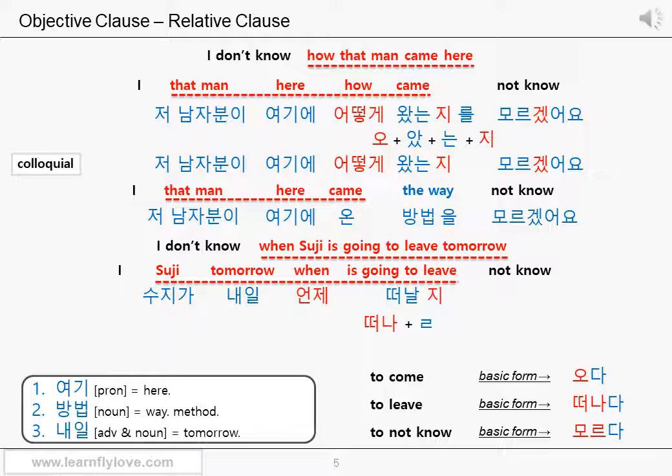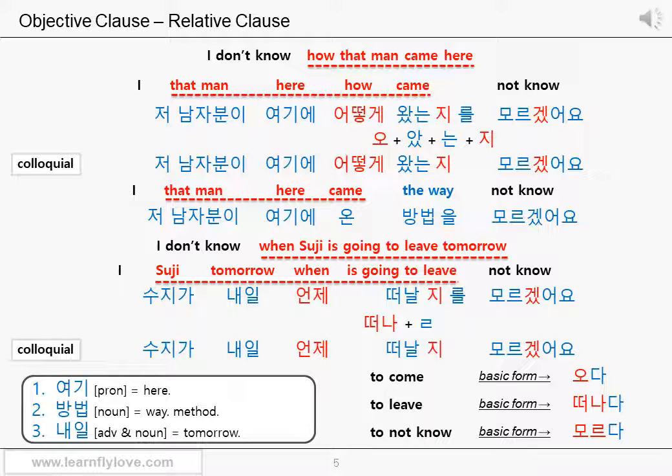Suji, tomorrow, when, is going to leave. 수지가 내일 언제 떠날지. The entire 수지가 내일 언제 떠날지 is an object of the verb not know. So you can add an object particle 를. 수지가 내일 언제 떠날지를 not know. 모르겠어요. 수지가 내일 언제 떠날지를 모르겠어요. Don't know when Suji is going to leave tomorrow.